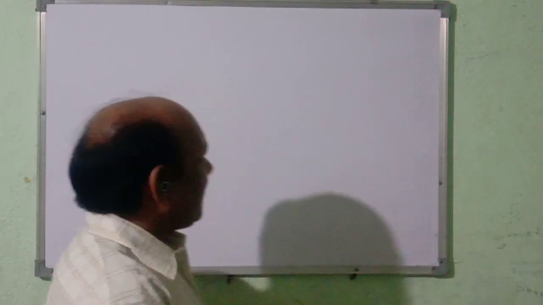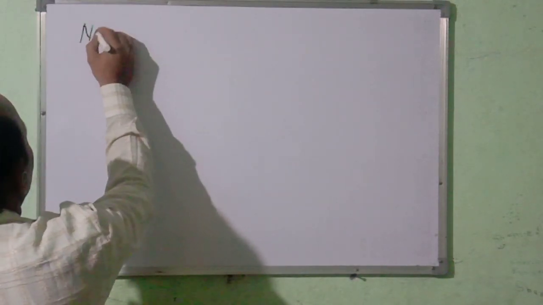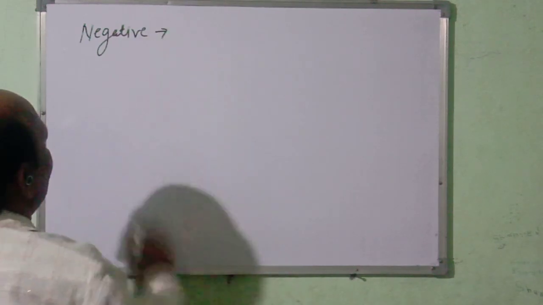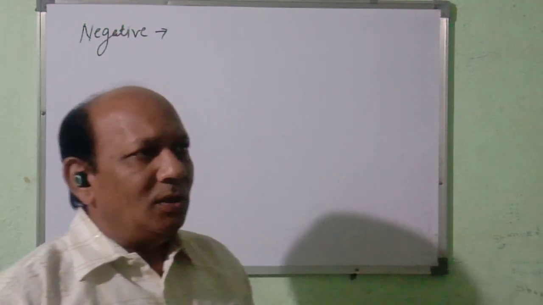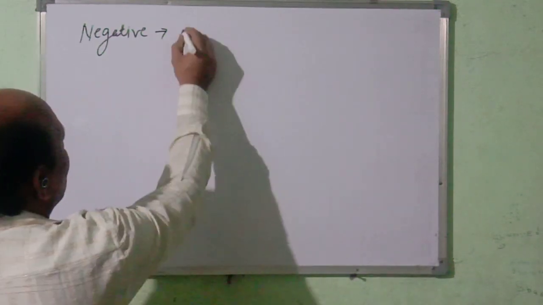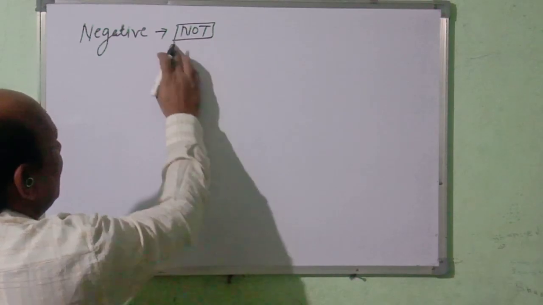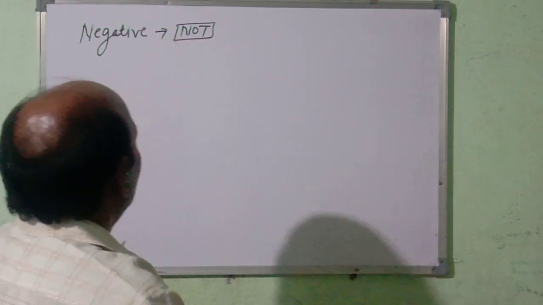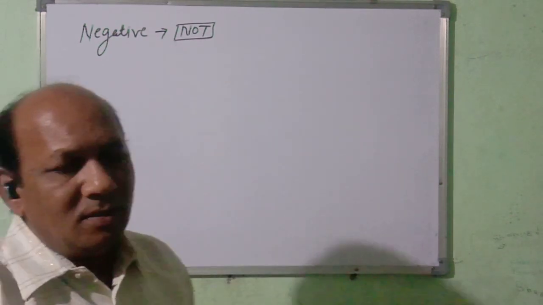First, we are going to discuss the negative sentence. For creating the negative sentence, we have to use one word, that is "not." Not is a negative sense word.